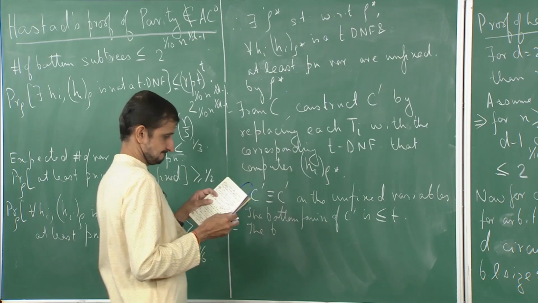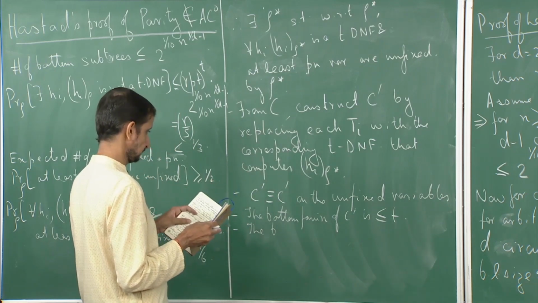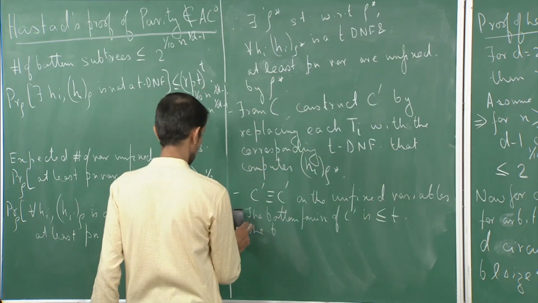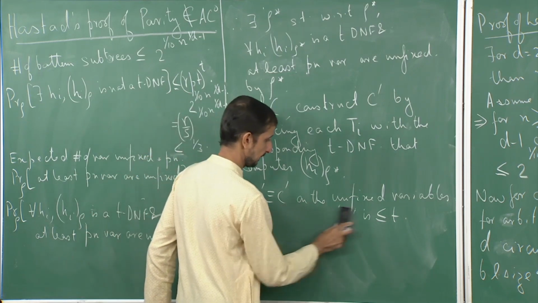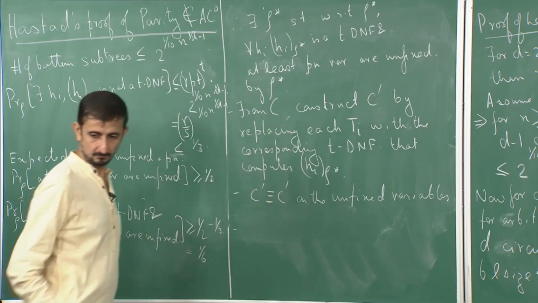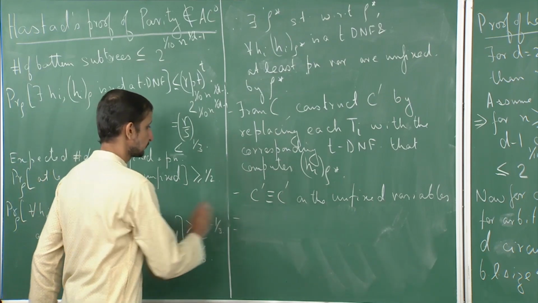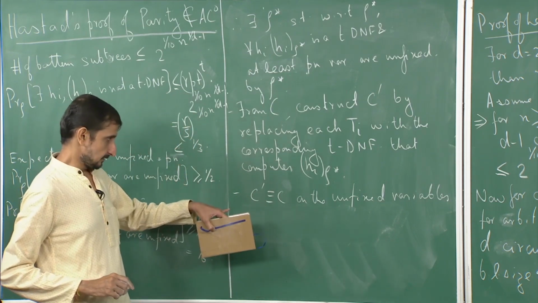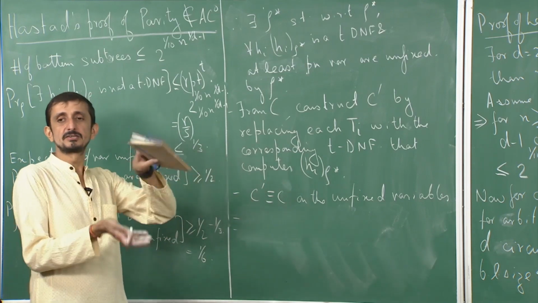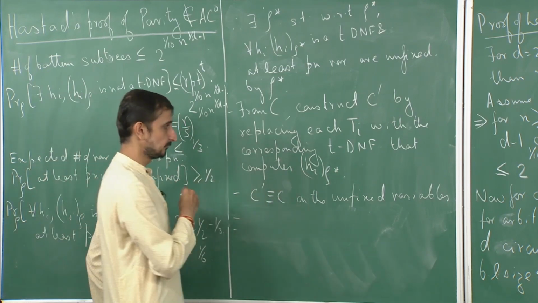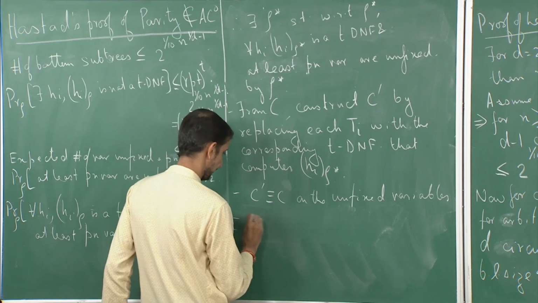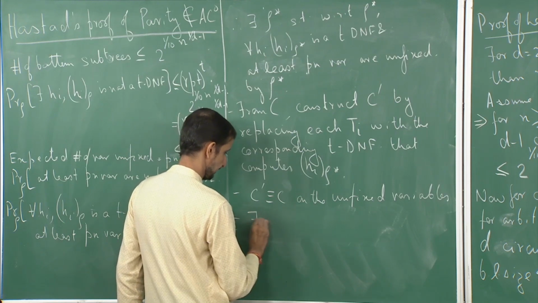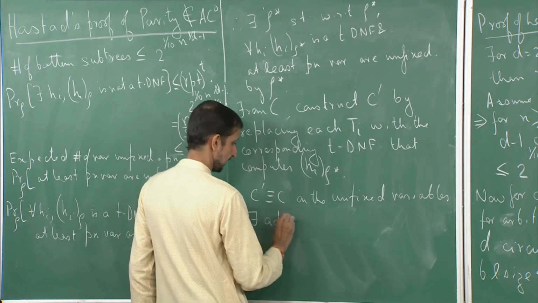What can I say about the size, the bottom last size? Wait one second. In fact, we should do one more step before I argue about this. Next, we merge the two layers. Now I have a TDNF over here, so it is a DNF.